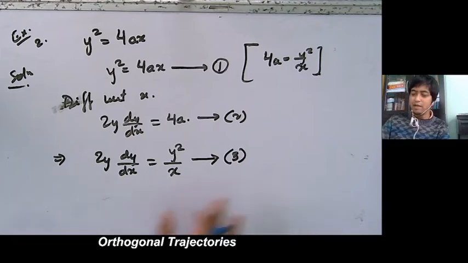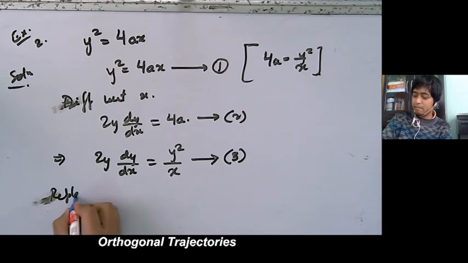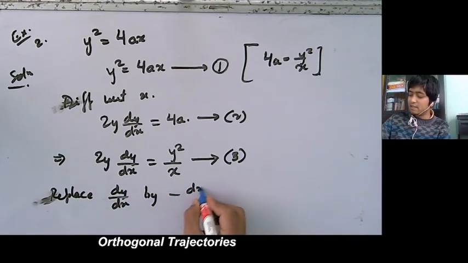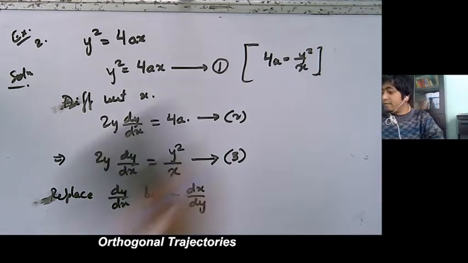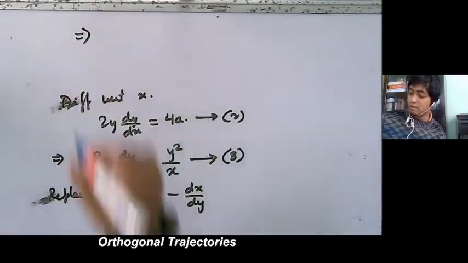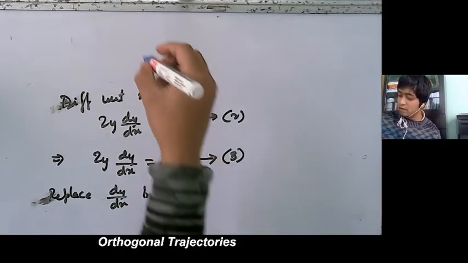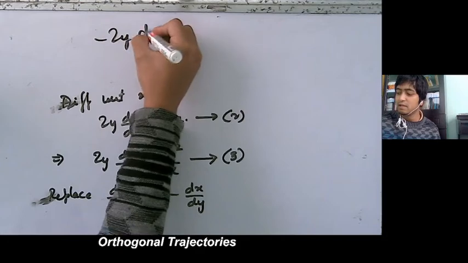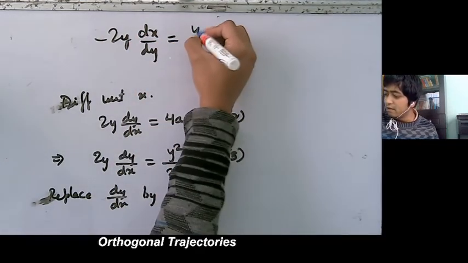After doing step 3, replace dy/dx by minus dx/dy. So what can we have? Replacing, 2y will stay as it is, dy/dx replaced by minus dx/dy, is equal to y squared upon x.